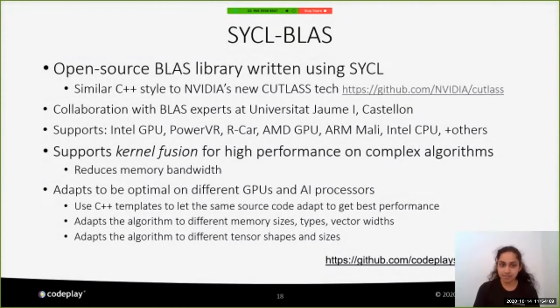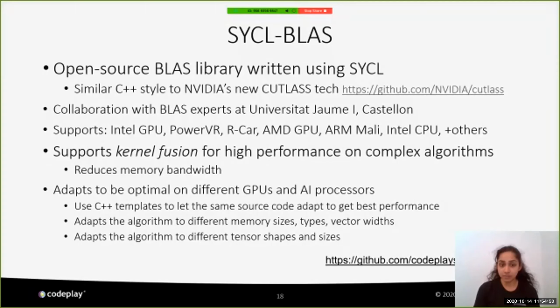So what is SYCL-BLAS? SYCL-BLAS is an open source BLAS library, like we already mentioned. This is similar to the C++ style of NVIDIA's new CUDA class. SYCL-BLAS was done in collaboration with University James Castellan. SYCL-BLAS supports Intel GPU, PowerVR, AMD GPU, ARM Mali systems, Intel CPUs, and many other backends. The main optimization, or the main advantage, of SYCL-BLAS is that it supports kernel fusion for high performance on complex algorithms, thereby reducing the memory bandwidth that is being used.